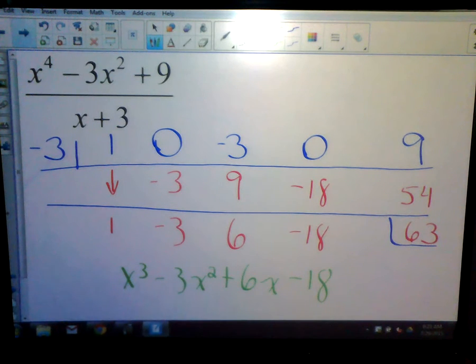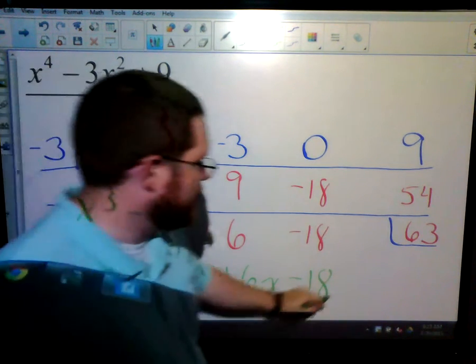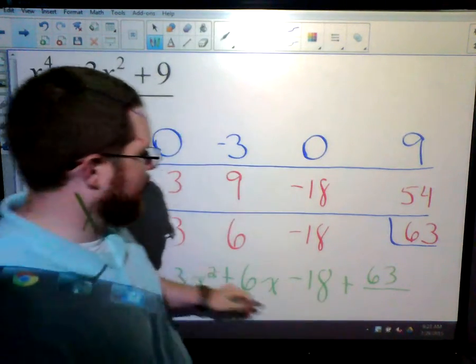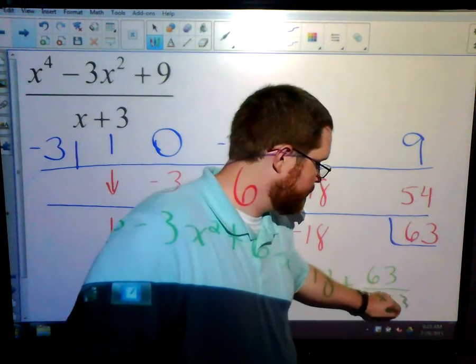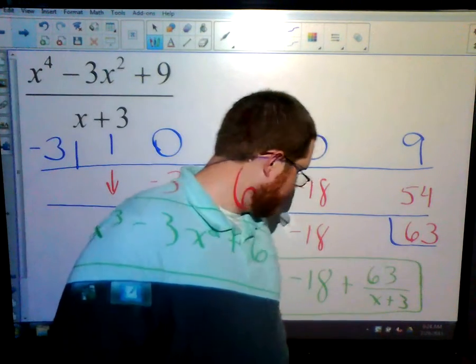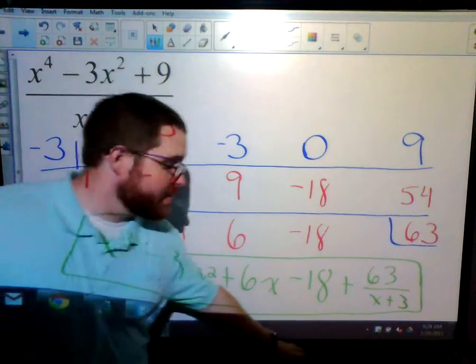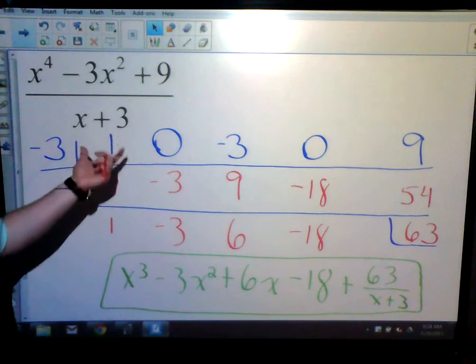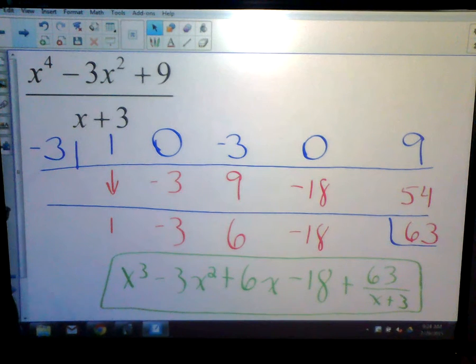But I have a leftover of 63. So what do I do with that leftover of 63? It's my remainder, so I put it over top of whatever I divided by, x plus 3. That's synthetic division. It works when this number isn't 2x or 3x or 4x, just plain x. Polynomial division is something you need to get very quick at.